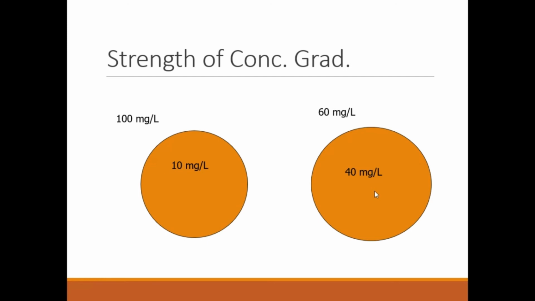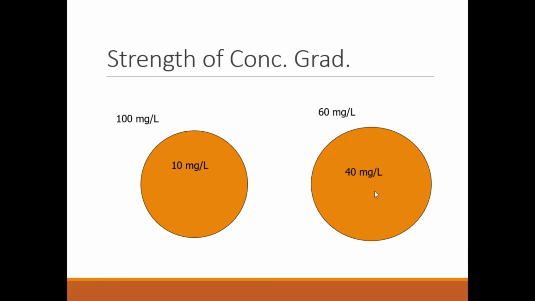The closer we get to equilibrium, the slower the rate becomes, because now we may have an increased likelihood of those solutes going back in the opposite direction, negating any transport in the direction the concentration gradient was dictating. So the stronger the concentration gradient, the higher the rate of transport.